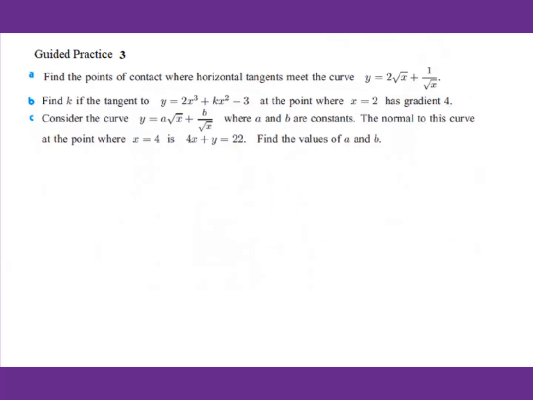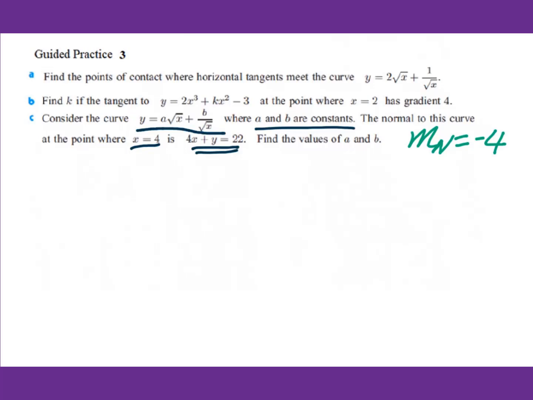Let's go to C. Consider the curve y equals a square root of x plus b over square root of x, where a, b are constants. The normal to this curve at the point where x equals 4 is this. Find the value of a and b. First of all, we know the slope of the normal equals negative 4.